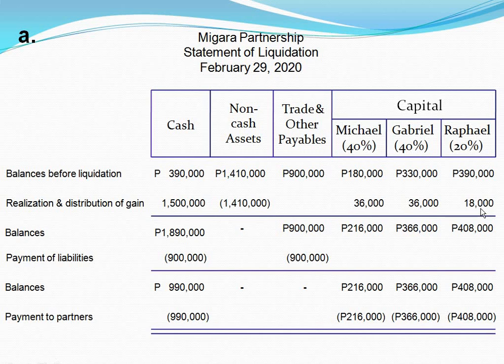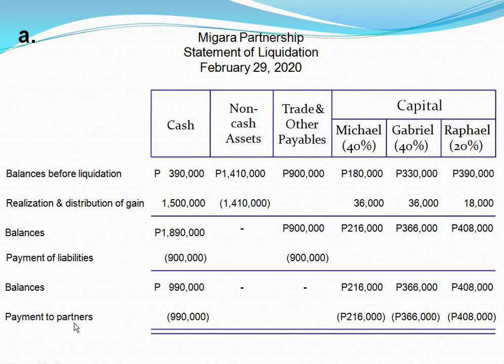That's the first entry concerning the realization and distribution of gain. Next is the payment of liabilities. Debit, trade and other payables for 900,000. And credit, cash, also for 900,000.